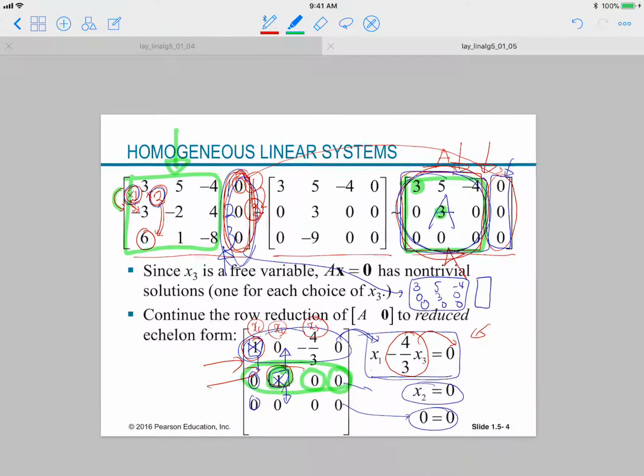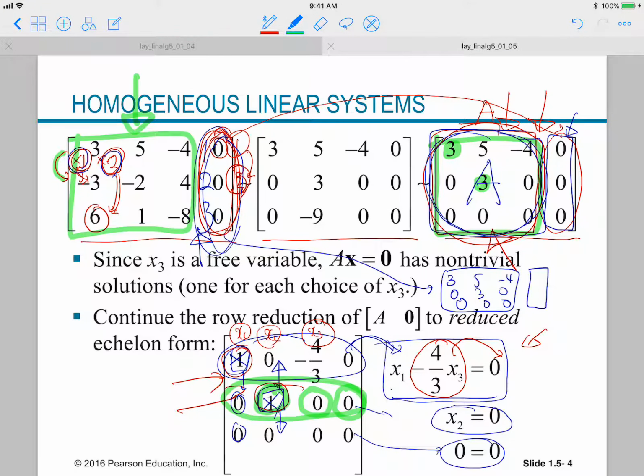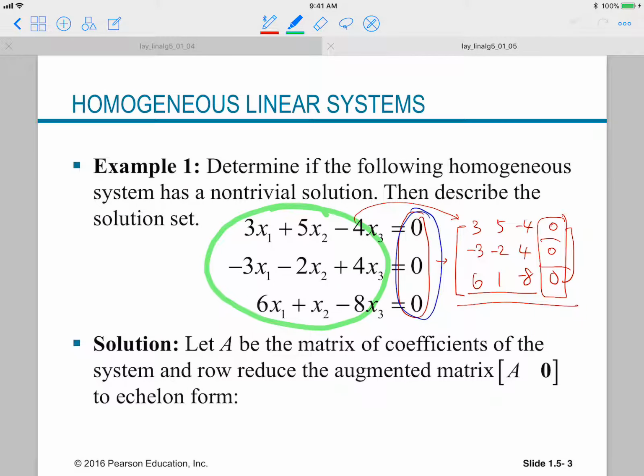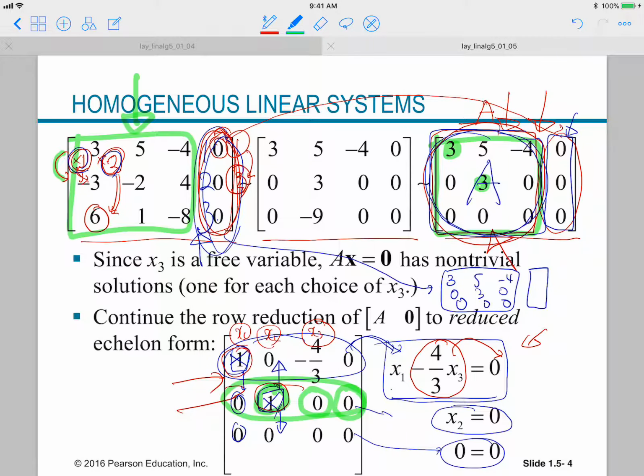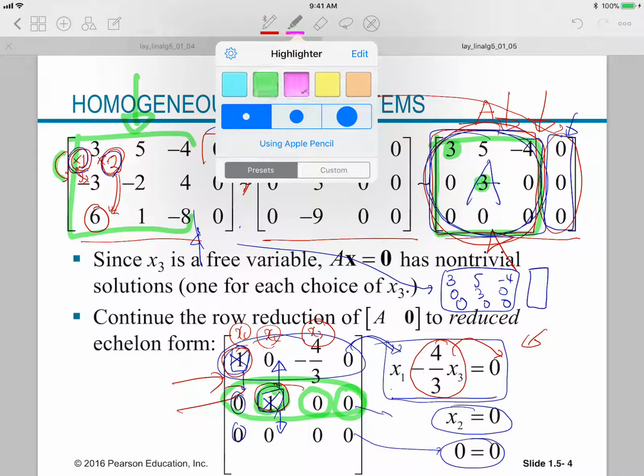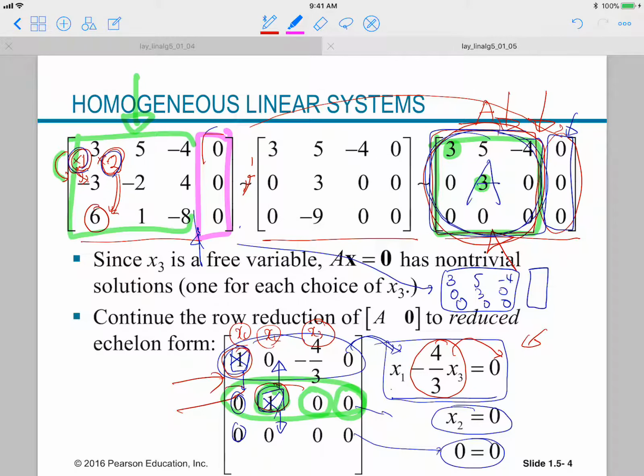So here the point is, suppose we started from all zeros, and then this was our reduced echelon form, where we have zeros in the last column.